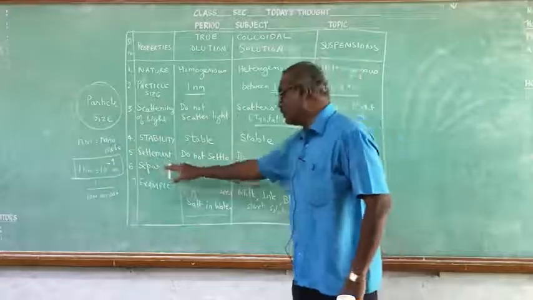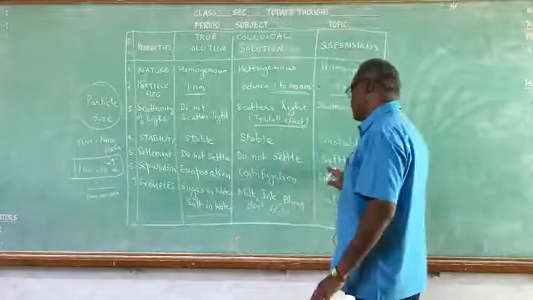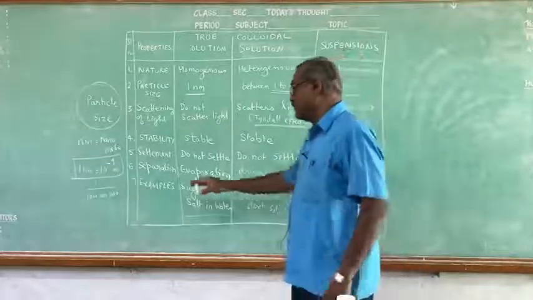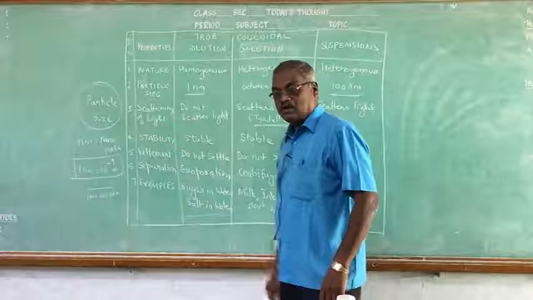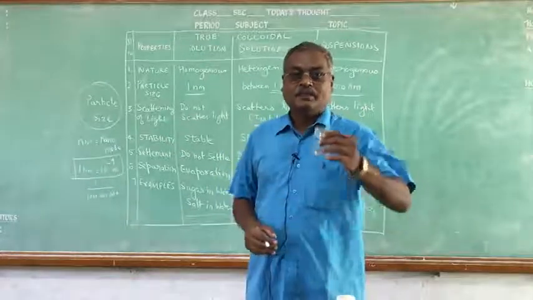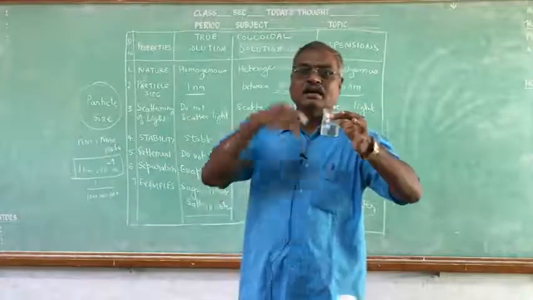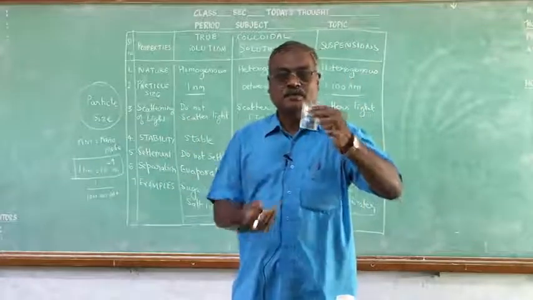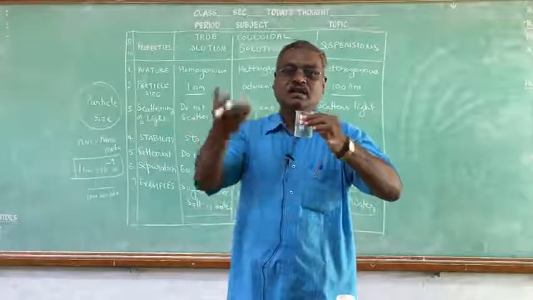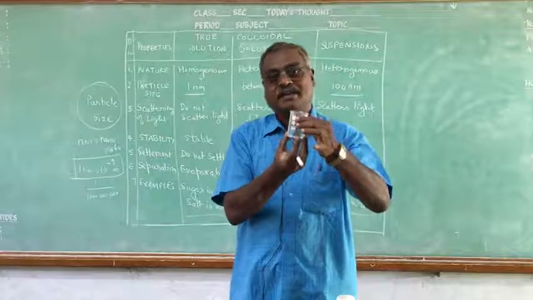And settlement also: the colloidal solution and the true solution will not easily settle, whereas the suspension will settle down directly. Then separation, by which technique can we separate? For the dissolved particles, how do we reverse the process and take them back? On heating, the water gets vaporized, or evaporated, and the salt is separated.